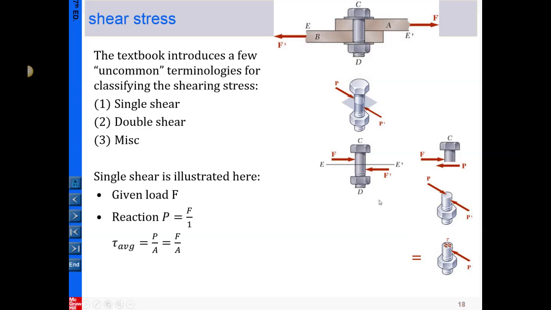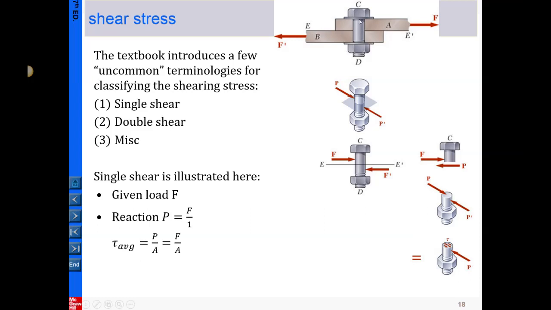Basically, this graph is single shear. We take this as an example in detail. For example, here we are concerned about the distribution of the stress in the pin, asking whether the pin will be strong enough to carry the force that's being transmitted through the top and bottom plate.